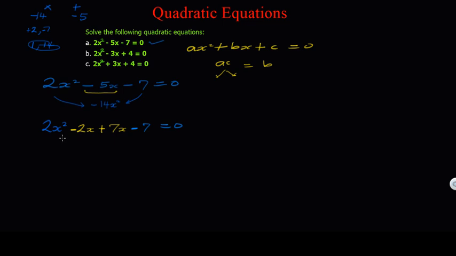We can factorize this. What is common here and here? 2 is common, x is also common. So if you divide 2x squared by 2x, we'll get x, then minus, if we divide 2x by 2x, we'll get 1. Close that bracket.